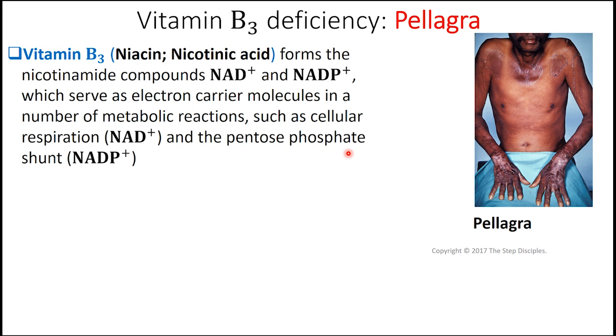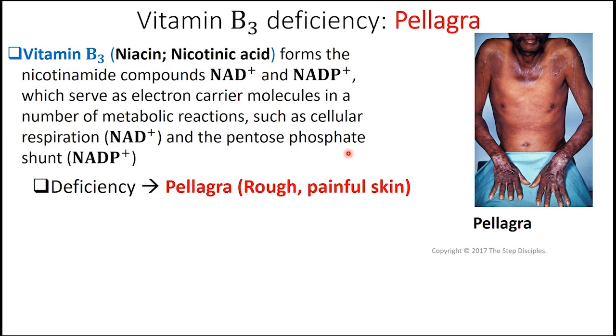You probably already know what these are if you watch my lectures. Otherwise, you probably just know that they function as electron carrier molecules. I'm not going to go into the details. Deficiency is associated with pellagra, rough, painful skin. So you can note the rough skin in this image here to the right.